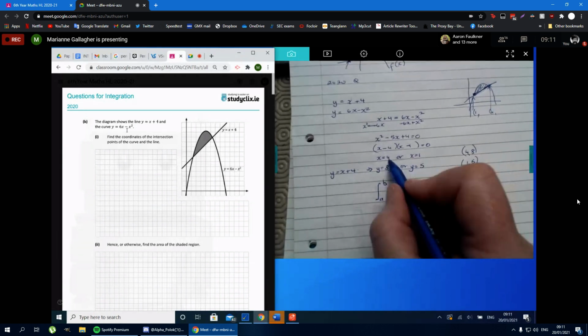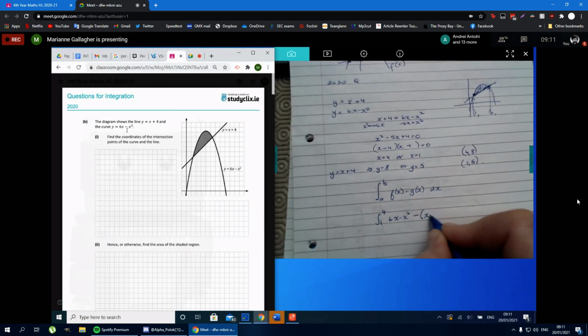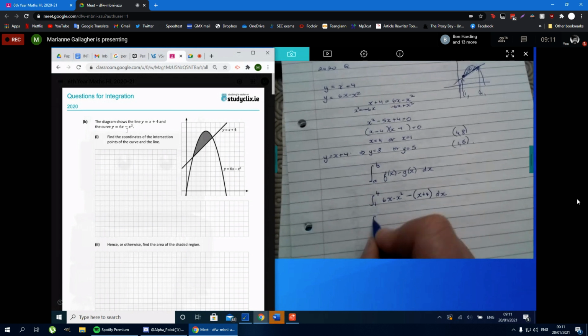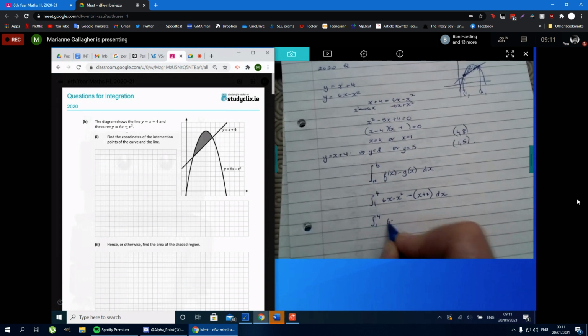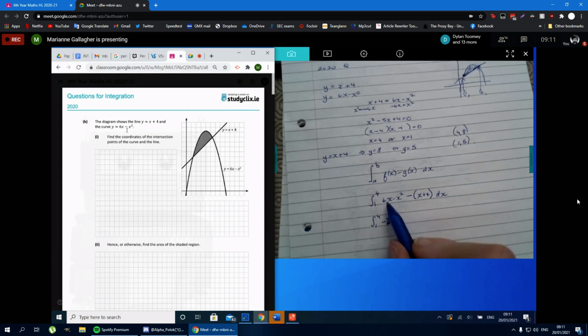That's my a and my b. f of x is the curve, so that's 6x minus x squared, minus g of x. Anytime there's a minus, put it in brackets. Before I integrate, I can simplify that. I'll put the minus x squared in front, then 6x minus x is 5x, and then minus 4.